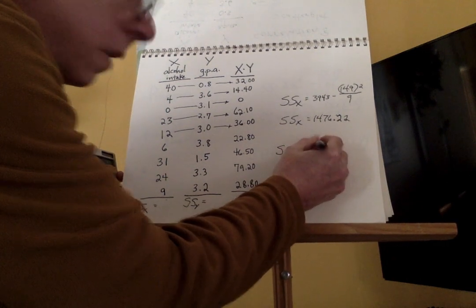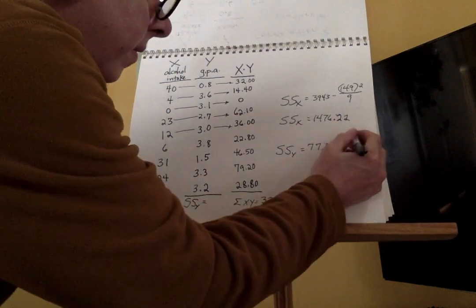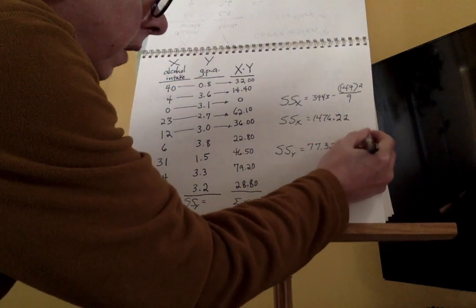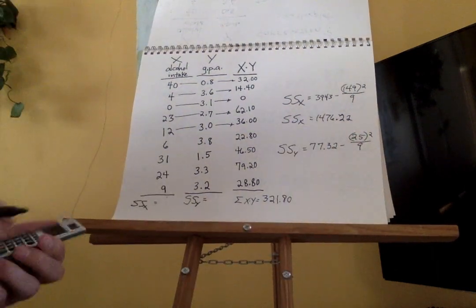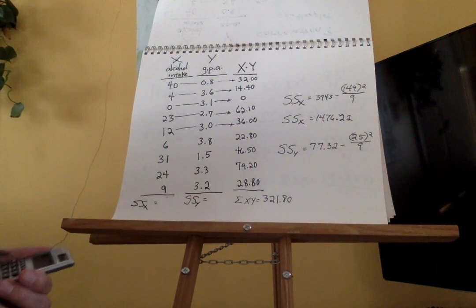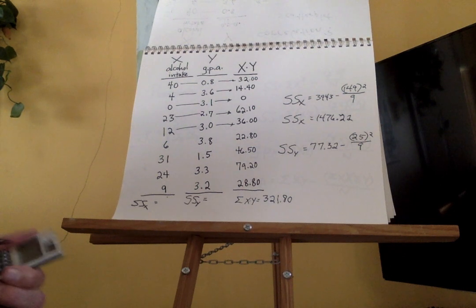Sum of squares for y is, let's get this, 77.32. Everybody with me? And then we're going to do 25 squared divided by 9. Okay? So 25 squared divided by 9, that's 69.44.